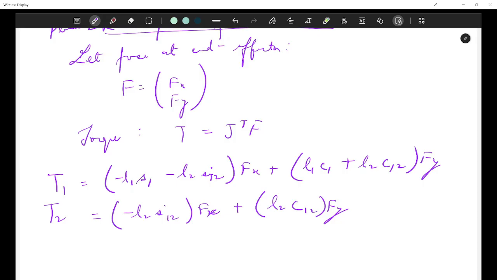Similar to the velocity ellipse, we also have a force ellipse, right? On the major axis it is easy to resist force, and on the minor axis it is hard to resist force. So at singularity the force ellipse becomes unbounded.